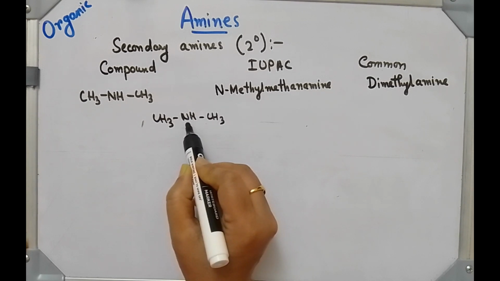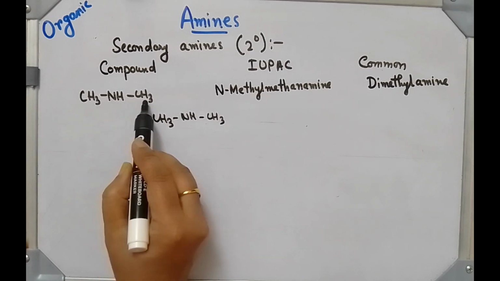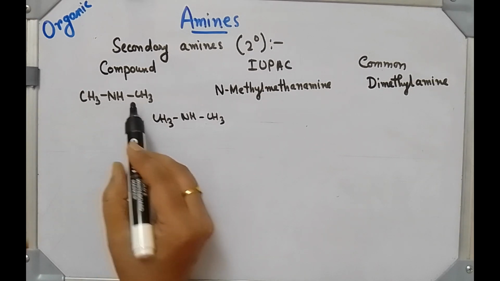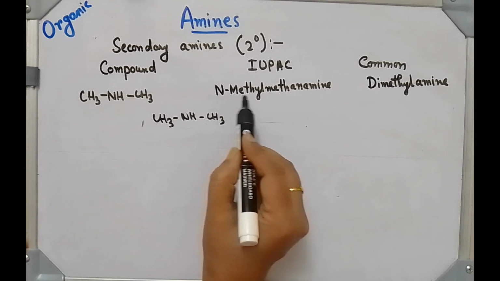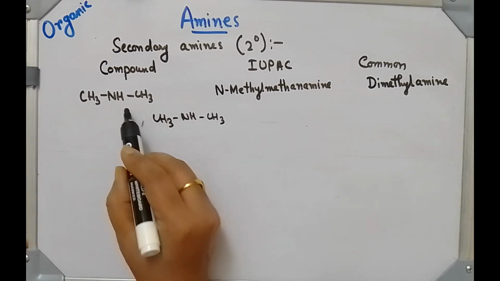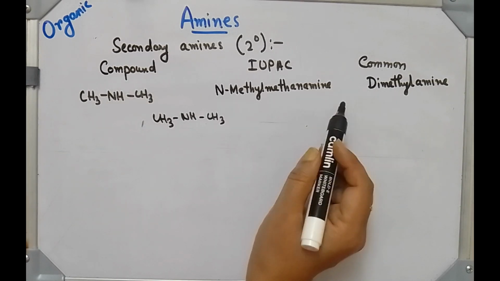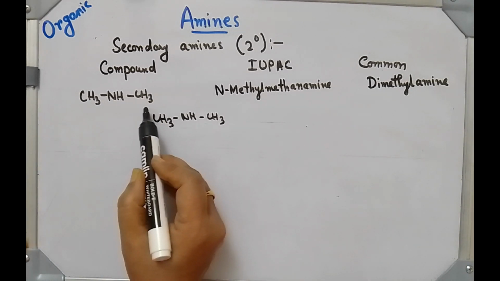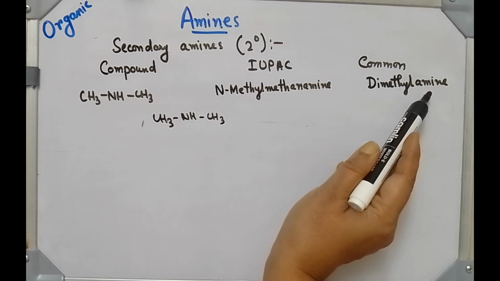So with nitrogen this methyl group is attached. That's why N for nitrogen, meaning the methyl group is attached to nitrogen. N-methylmethanamine. And for the common name, 2 alkyl groups are there, here 2 methyl groups, so dimethyl, then you have to add amine.